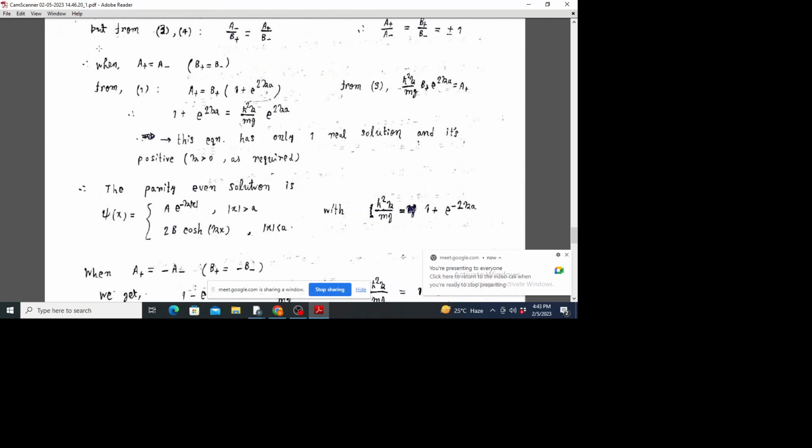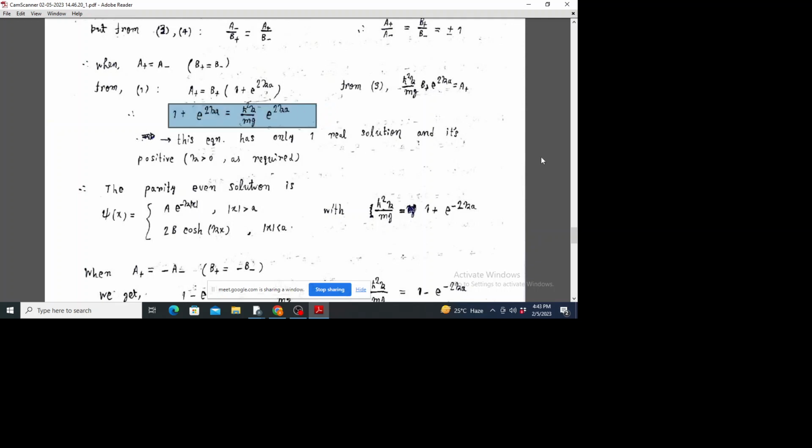So in the first case, when A plus is equal to A minus and B plus equal to B minus, from 1, substitute, so eliminate A minus and B minus using this condition, and you will get this condition.